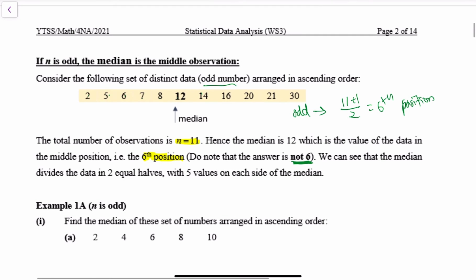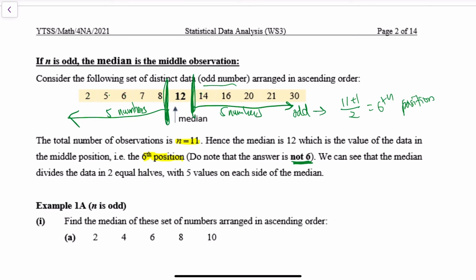Right here, once you find the median, to check your answer, you can divide it into two sides and count. Are there 5 numbers over here? And are there 5 numbers over here? The numbers on both sides must be equal once you find the median. Okay, so that's the meaning of median.